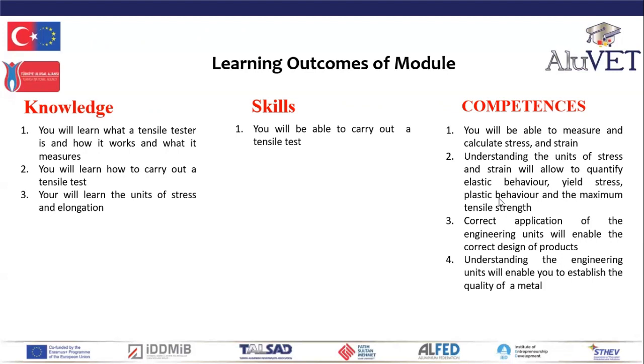The correct application of these engineering units will enable the correct design of products. Understanding the engineering units will enable you to measure and establish the quality of a metal.